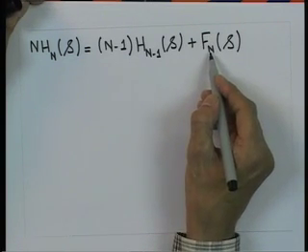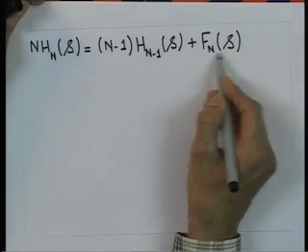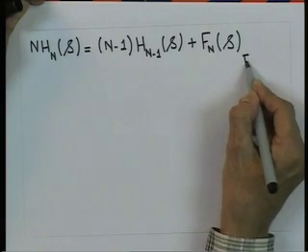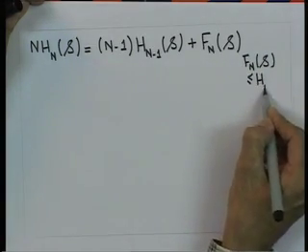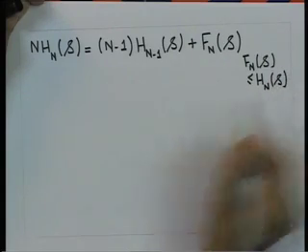Now, we have just seen that FnS is always less than or equal to HnS.